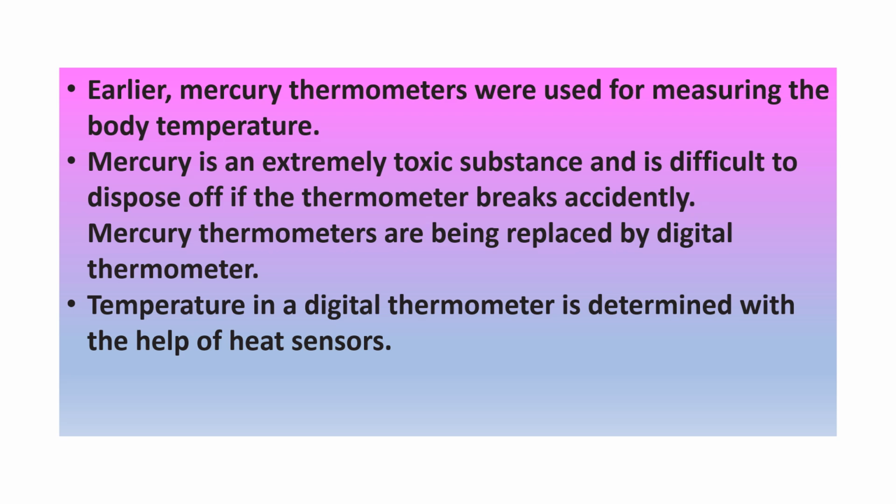Mercury is an extremely toxic, means poisonous, substance, and is difficult to dispose of if the thermometer breaks accidentally. So if the thermometer breaks accidentally, then it is very difficult to dispose of this very toxic substance called mercury. Now mercury thermometers are being replaced by digital thermometers.